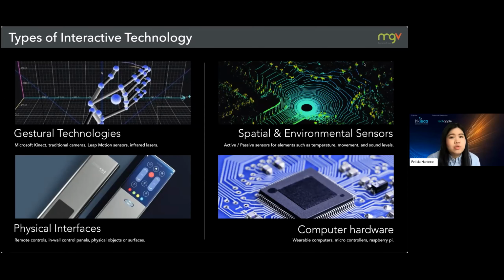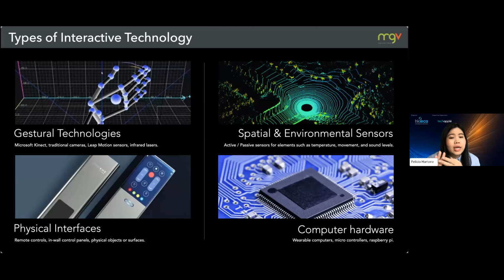So this would be things that use sensors like, say, Microsoft Kinect, where you can literally detect an entire skeletal system. Say you move your whole body, the sensor will be able to detect it. And then we also have regular traditional cameras that, paired with amazing programming nowadays, can even detect your face, facial features, even a whole human being.